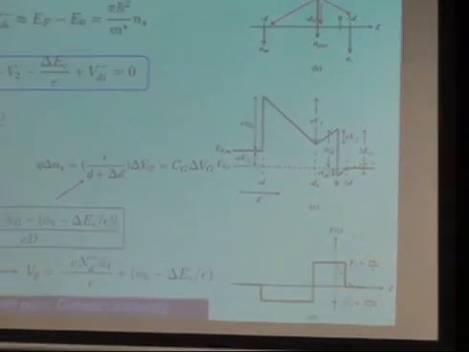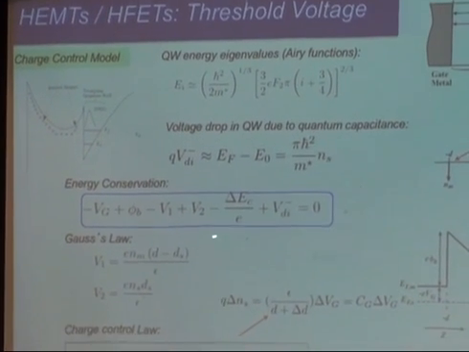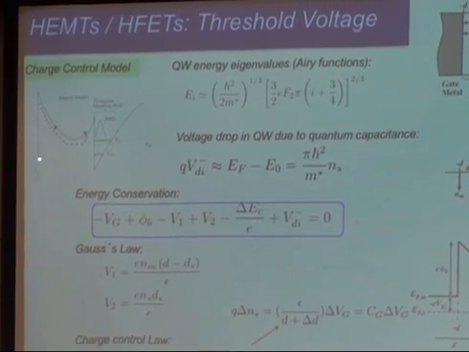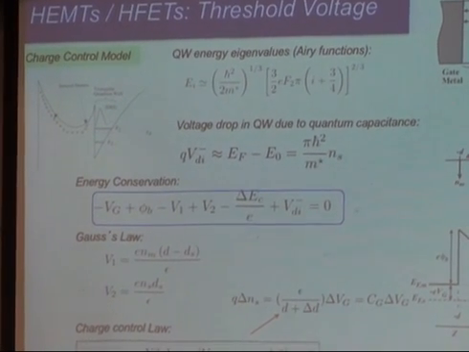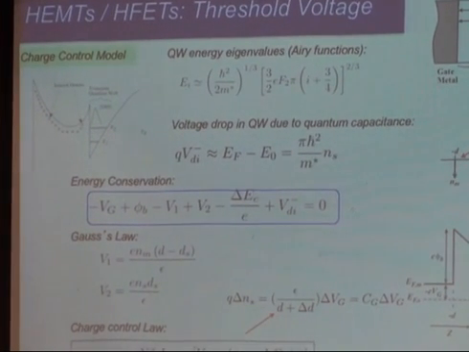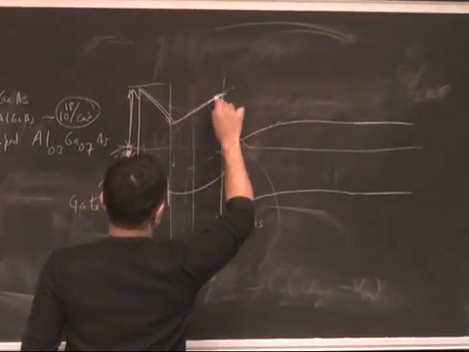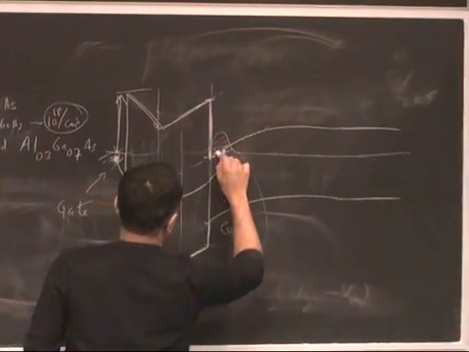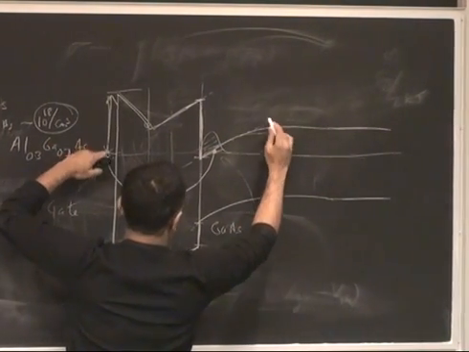I'm going to skip over a couple of these things. For example, there's a triangular well, and you can write down the energy conservation starting from here. You climb up a certain Schottky barrier height, then you drop a certain voltage because the field times thickness is the voltage. You rise again, drop the conduction band offset, go up, and you know that you are back at EC minus EF or something like that.